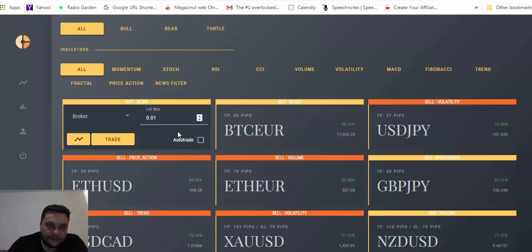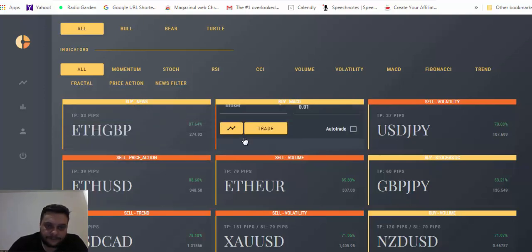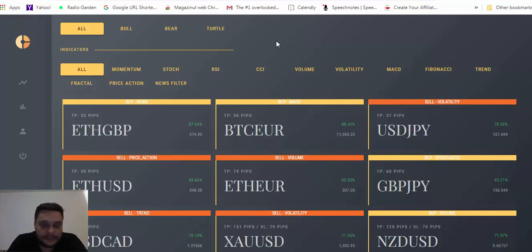As you can see, this green percent here is the winning ratio, and here it's 87%. As I told you before, this percent must be more than 70%. I am trading pairs with more than 75% in my case, but you can also trade on 70%.